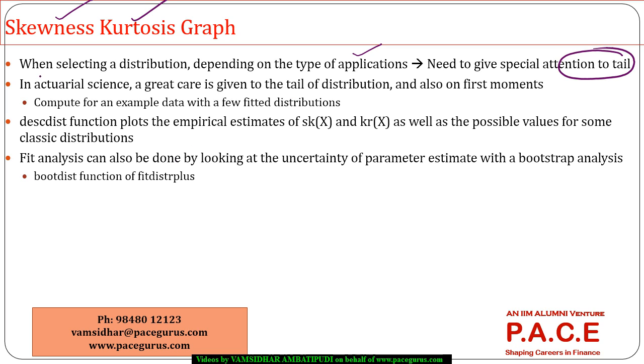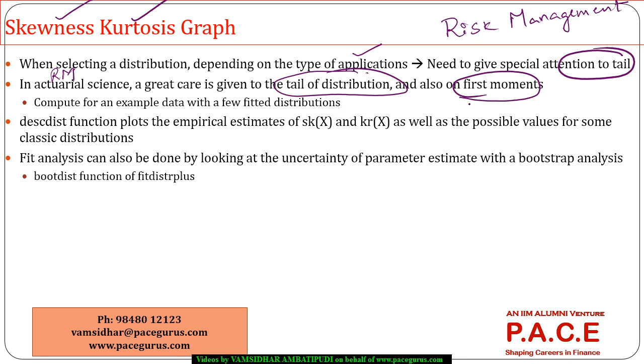In a lot of fields, actuarial sciences, risk management, there's a lot of importance that we give to the tail of the distribution. Some applications are exclusively focused towards the tail. In the broader world of risk management, including the actuarial sciences, we see that there's a lot of focus on the tail of the distribution.